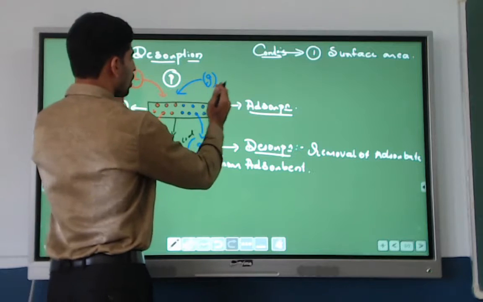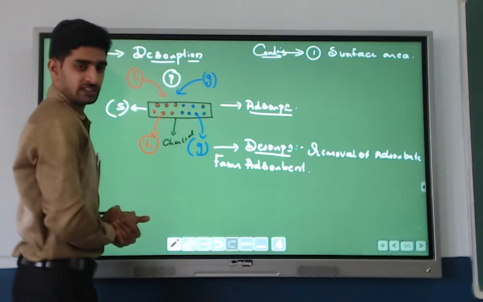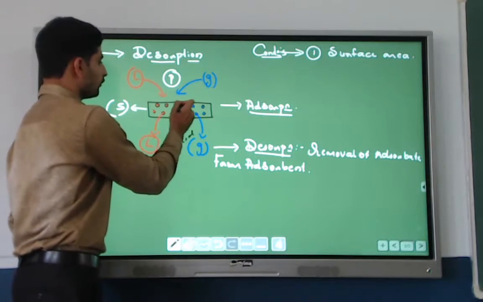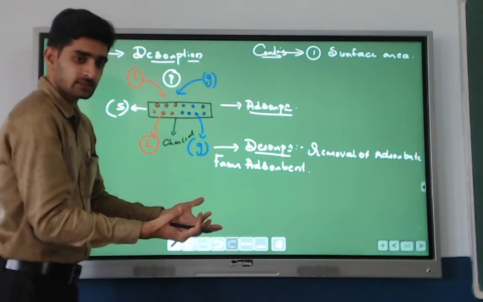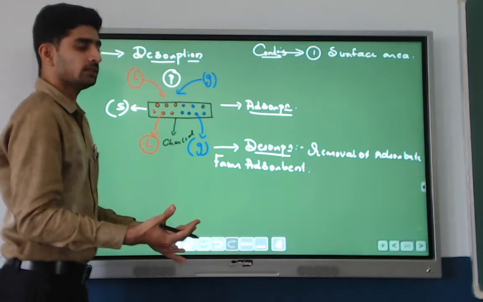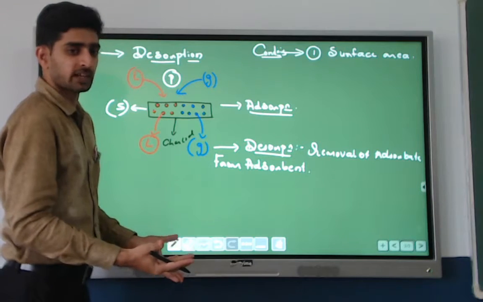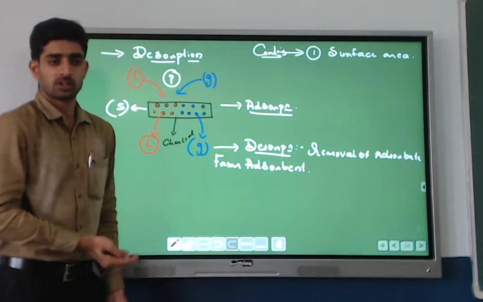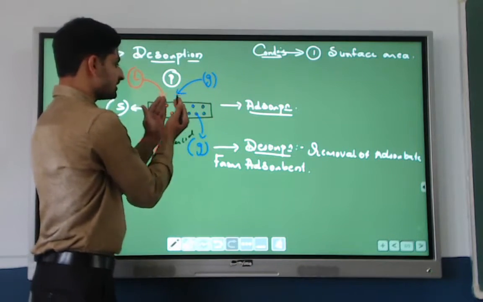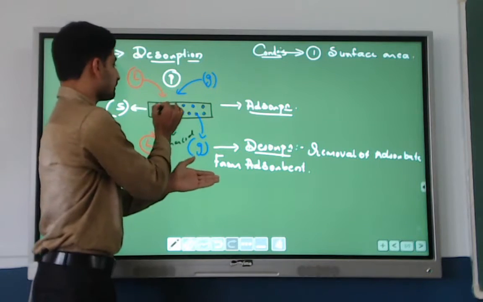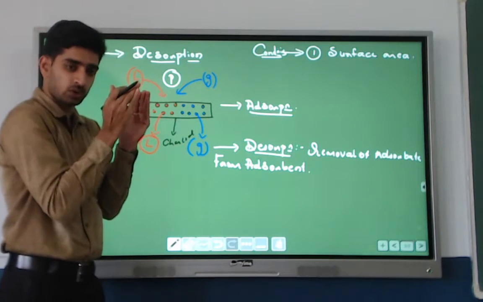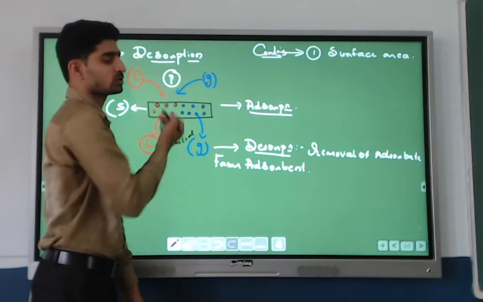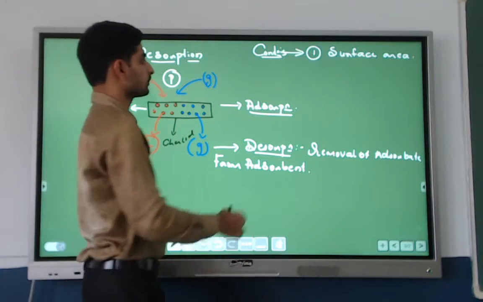So as you increase the surface area, the number of free valencies also increases, and as expected, adsorption also increases. As you decrease the surface area, the number of free valencies or empty spaces decreases, so adsorption also decreases.